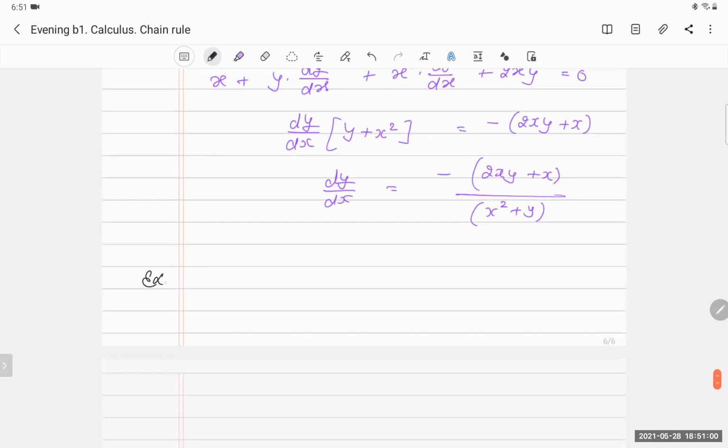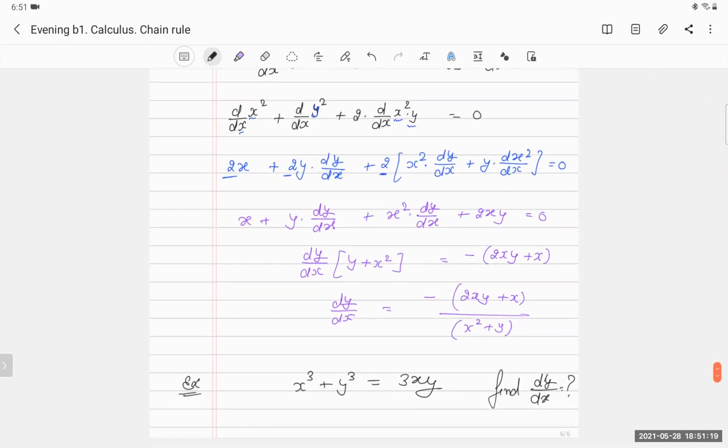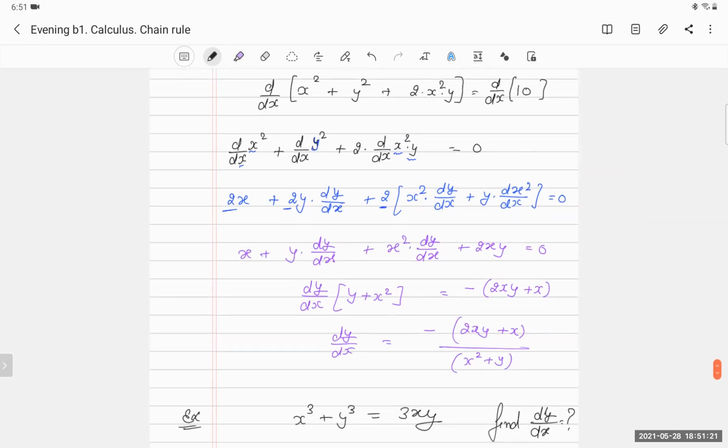Okay, do it once. Suppose x cube plus y cube equal to 3xy. Find dy by dx. Do it, everyone. First, you can take help from the above equation, and then you can solve it.